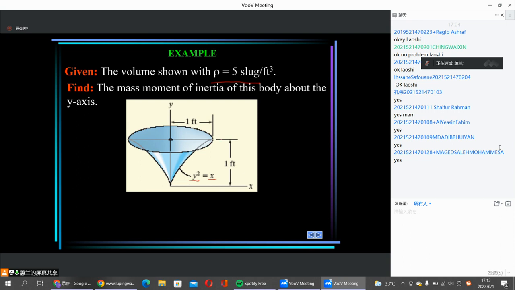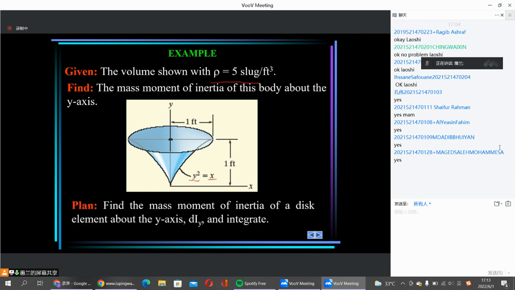We need to determine its mass moment of inertia. So first, you need to choose the differential element. Here, obviously, we may choose a disk element.